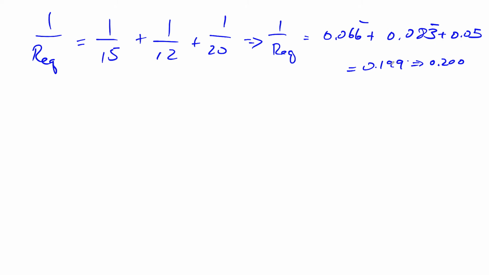And take the inverse of that, and Req is equal to 5 ohms. So 1 over Req is equal to 0.2. Take the inverse of this, or take 1 divided by 0.2, and you're going to get 5 ohms.